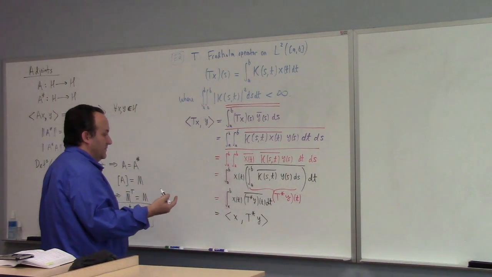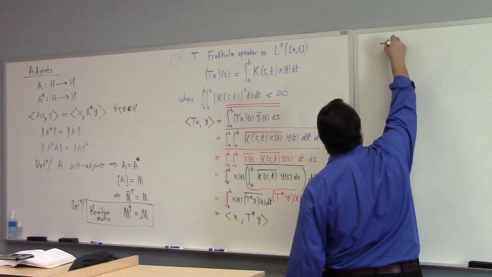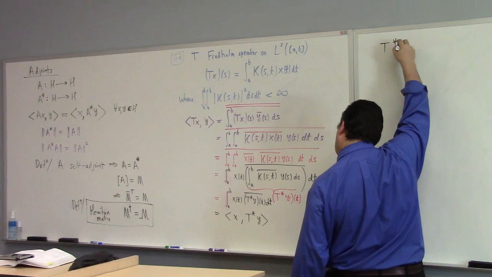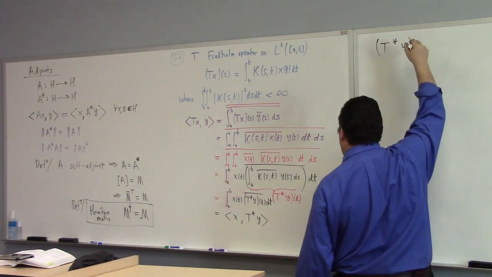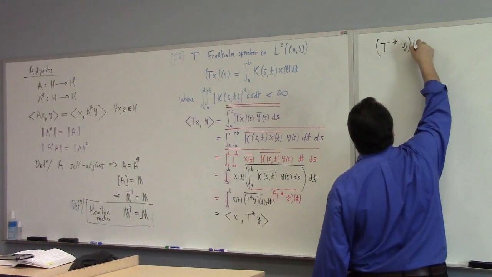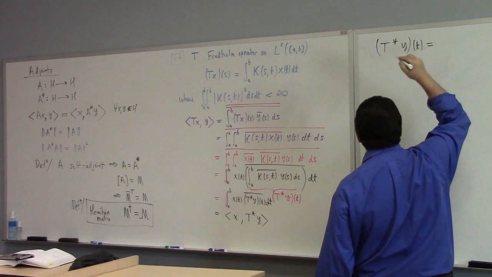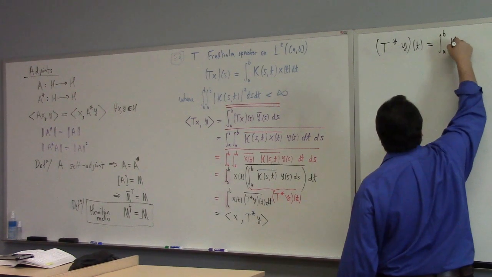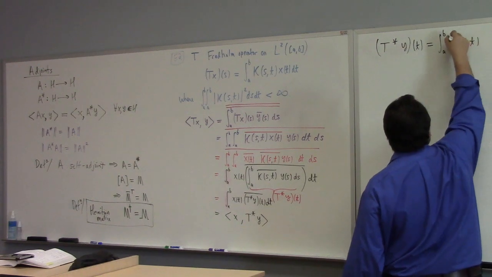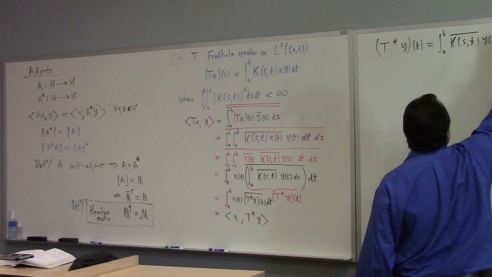So altogether, we have that T star y of t equals the integral from a to b of k of s t conjugate times y of s ds, right?